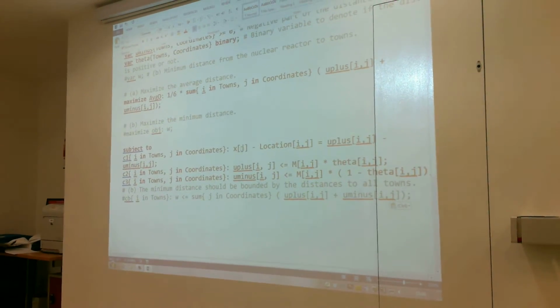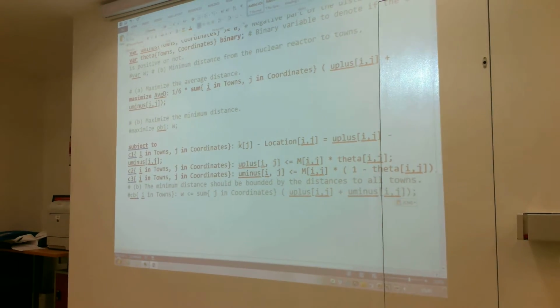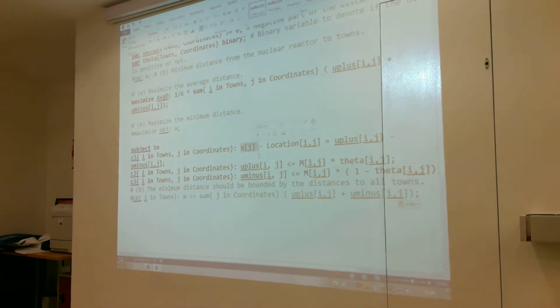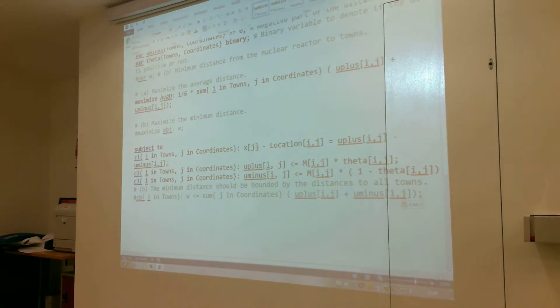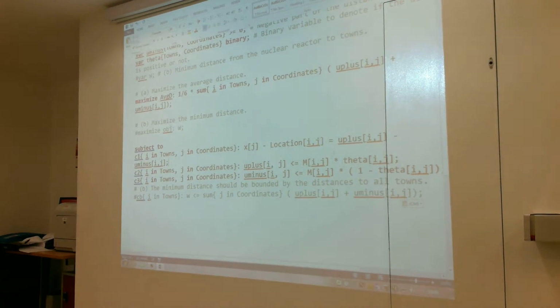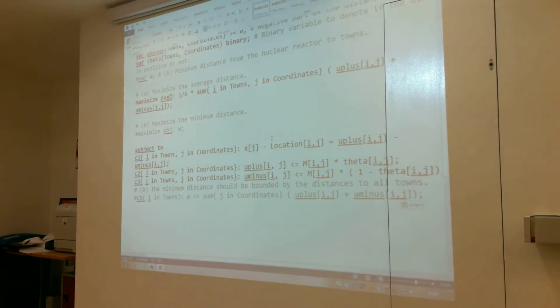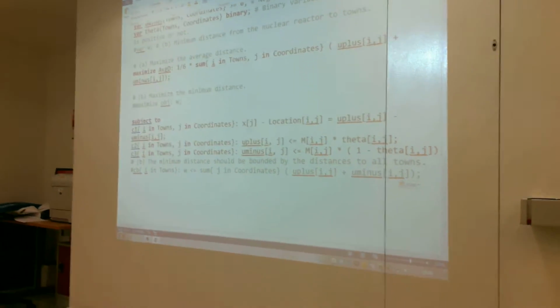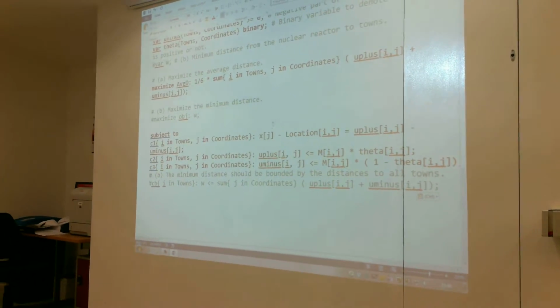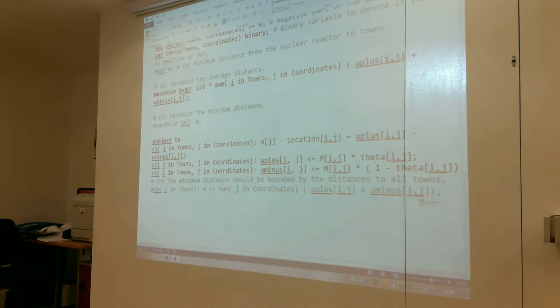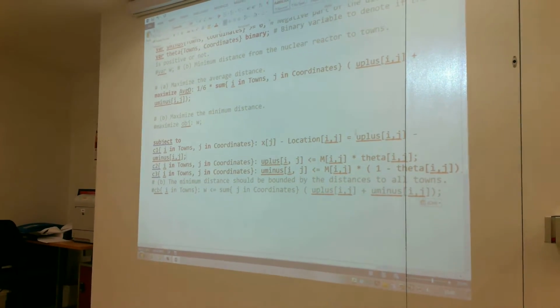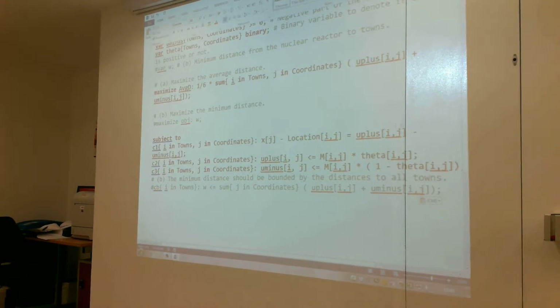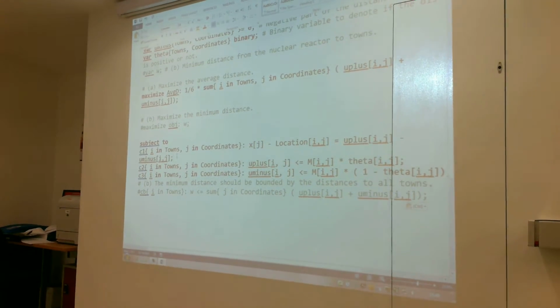It's defined in this way. xj is a coordinate of our nuclear reactor. When we subtract the location of the term from our nuclear reactor, this part on the left-hand side can be positive or negative. It should equal the definition: plus part minus the minus part.